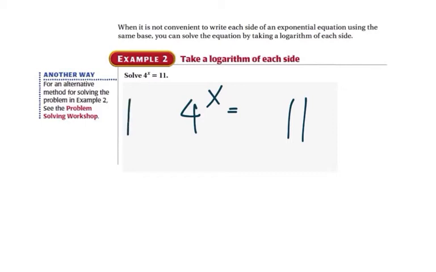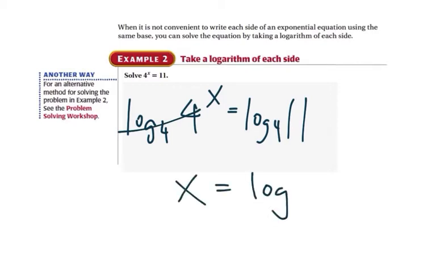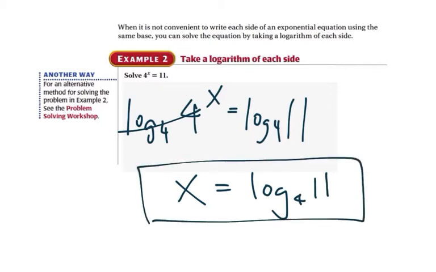You can use log base 4 on the bottom to cancel out the 4, which gives you x is equal to log base 4 of 11. Okay, just like in section 4.4, but this time you're using the equality property of exponential function instead of using the definition of log.